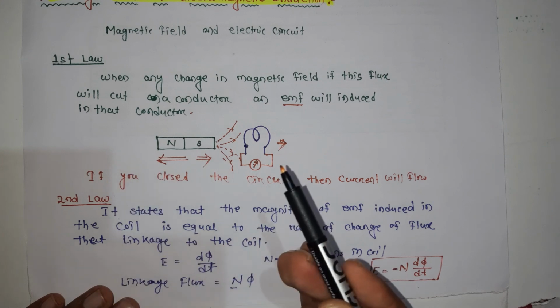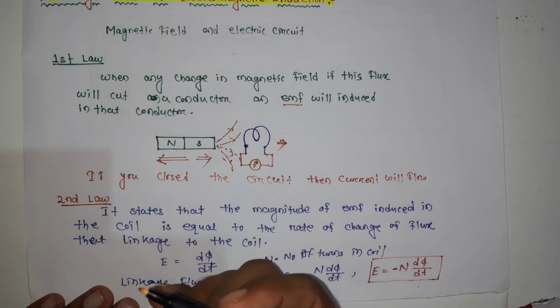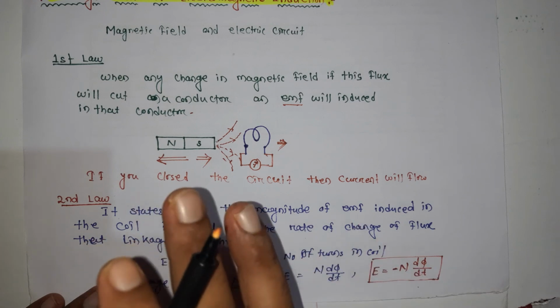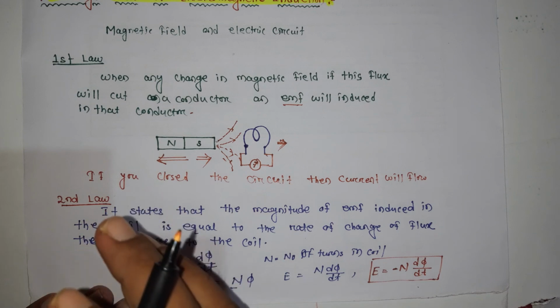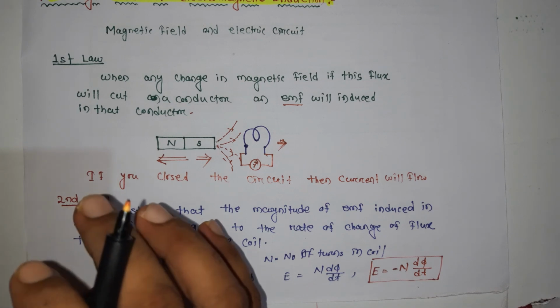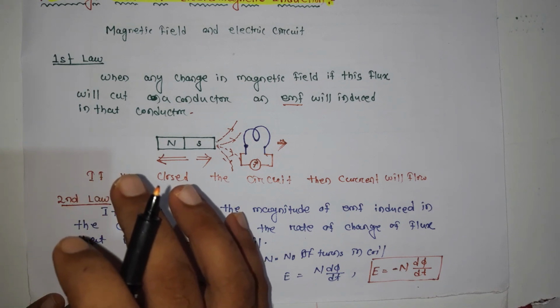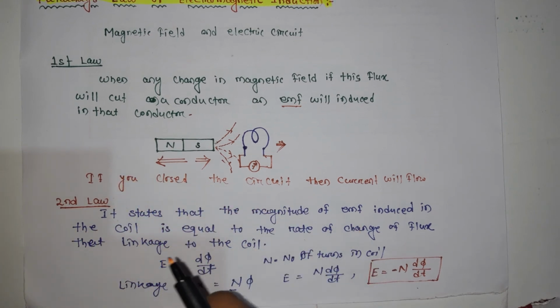This principle is used in transformers, motors, and generators, whatever electric machine you see in day-to-day life. You need to understand the basic Faraday's law of electromagnetic induction. I hope all of you have understood clearly.